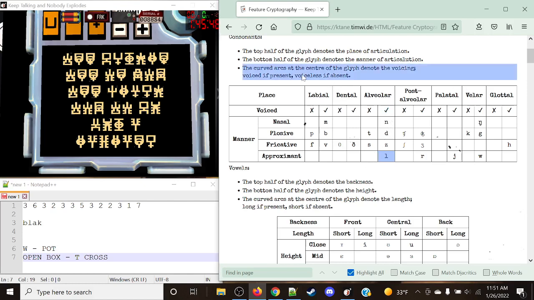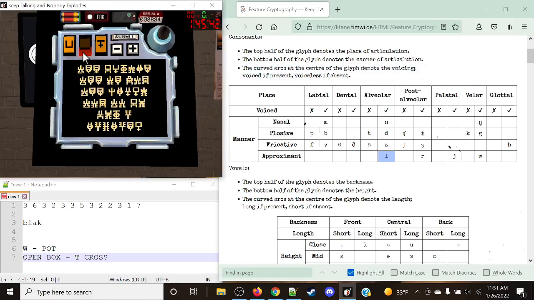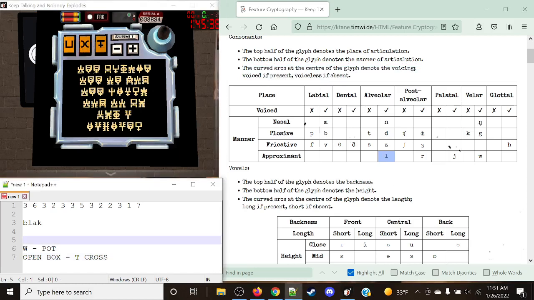So if the curved arcs are present at the center of the glyph denoting the voicing, then that already means that we need to use these curved guys as part of this Lima. I'm going to note that down as these 2 guys, but we need to figure out where the alveolar and the approximant manner are. So for the top half, let's figure out if any of these characters are present in the excerpt.